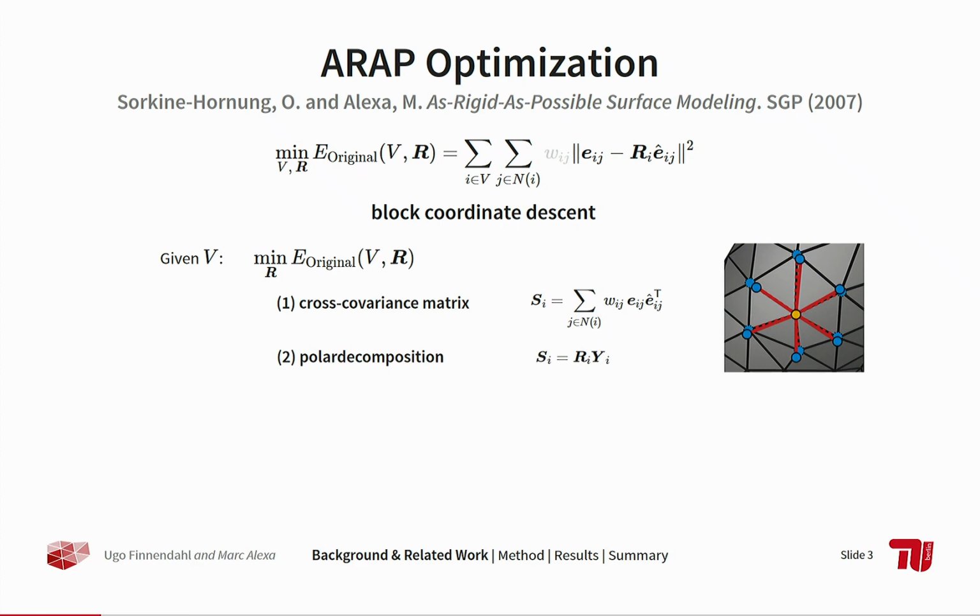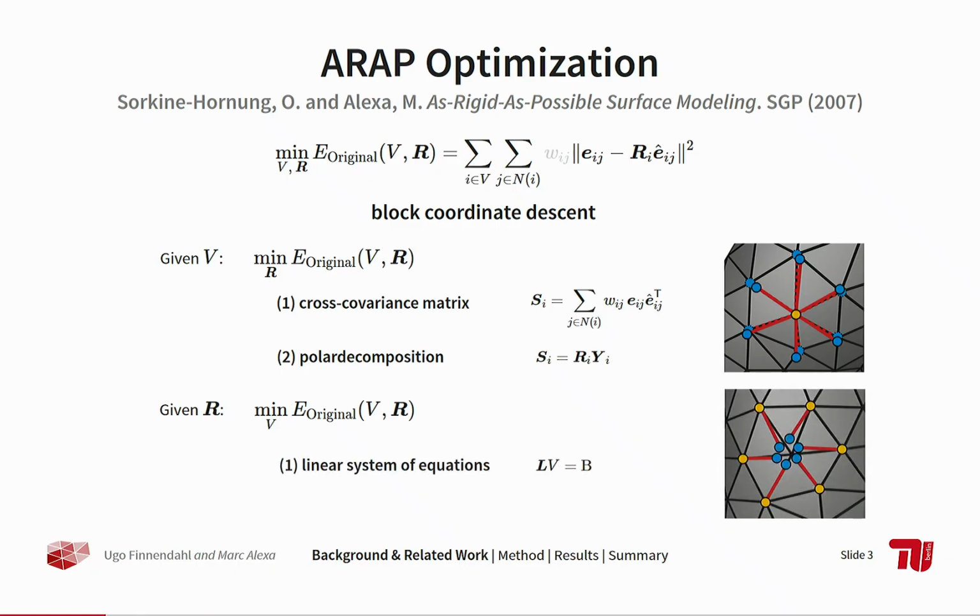Now we have the optimal rotations per vertex, and to find the optimal vertex positions given these rotations, we just need to take a look at the energy and see that when R is fixed, everything is linear in V. We can solve this using a linear system of equations. I added an image for the intuition on the right, which is not 100% correct, but more or less the vertices try to fit into the rotated versions of itself given the rotations of the neighbors.